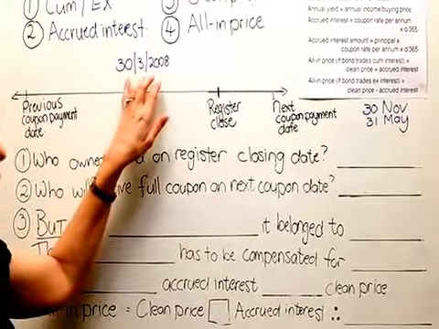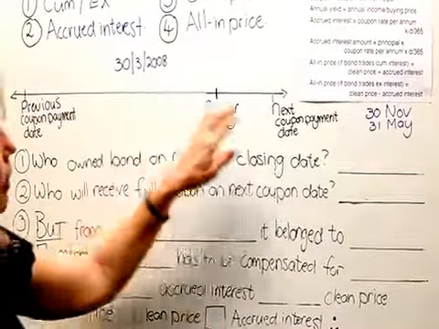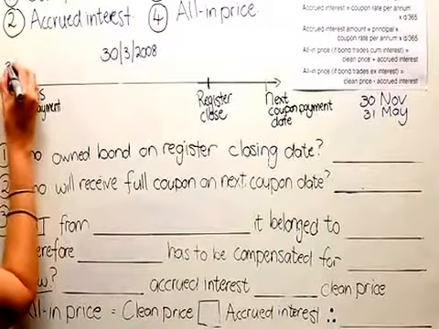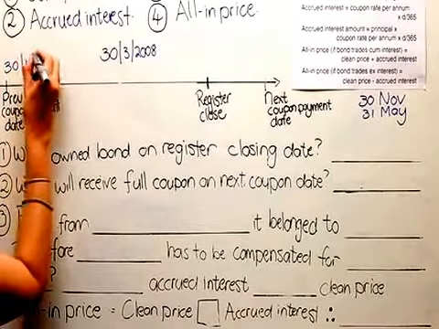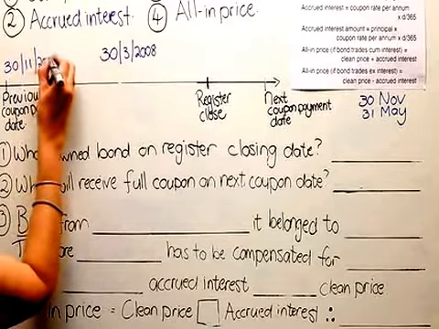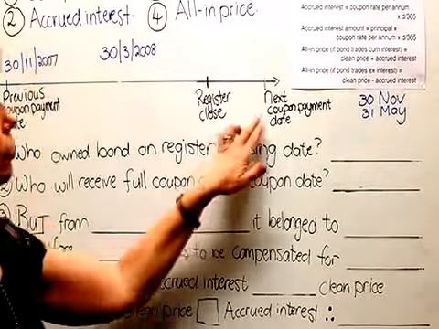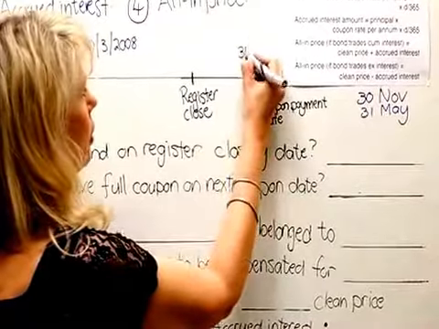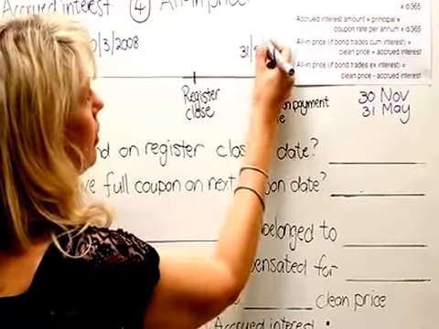The previous coupon payment date would then be the 30th of November 2007.